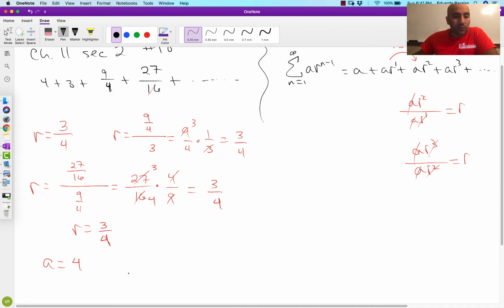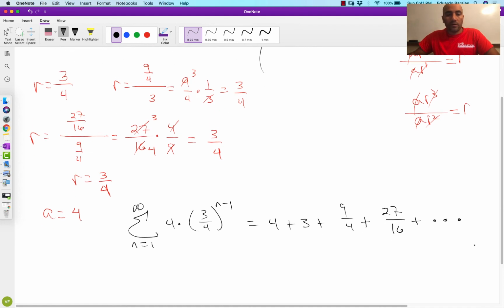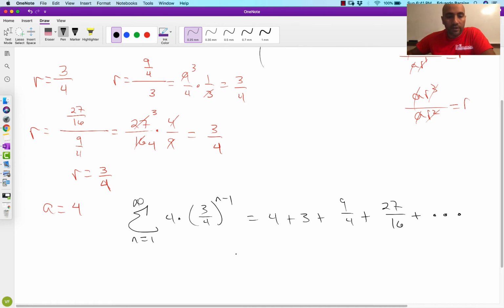We're hoping that the sum, as n goes from 1 to infinity, of 4 times 3/4 to the power of n minus 1 equals the list that they gave us: 4 plus 3 plus 9/4 plus 27/16. So do a little bit of work, get some values, check them, and make sure.